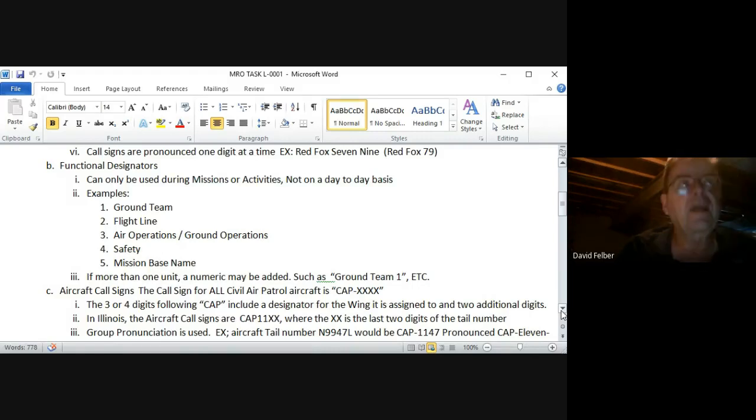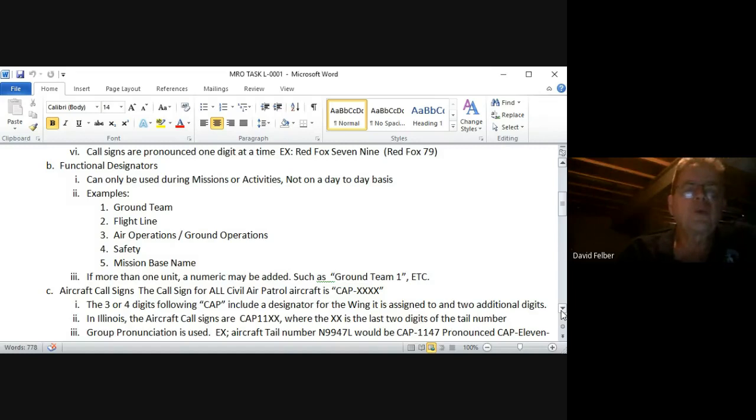Like if you're at an airport open house and you hand your members a bunch of ISR radios, you can assign them different functional designators like Ground Team 1, Safety 1, Flight Line 1. So those are functional designators.